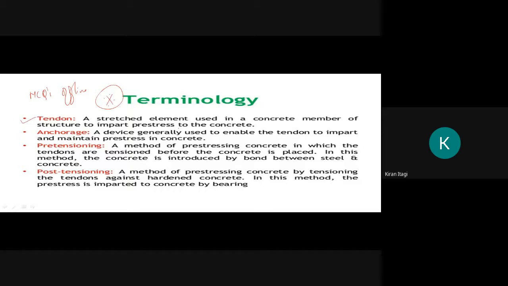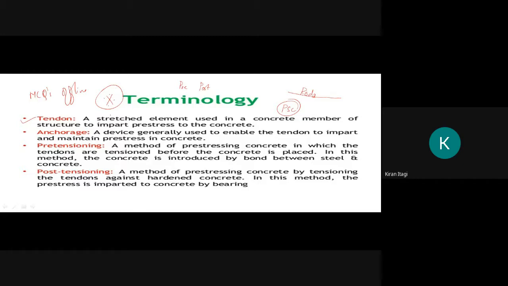A stretched element used in a concrete member of a structure to impart pre-stress to the concrete. Initially I said that in RCC we use rods, but in pre-stressed concrete we use tendons. It is a stretchable element. We can stretch it while passing through the concrete. Either it may be pre-stress or post-stress.